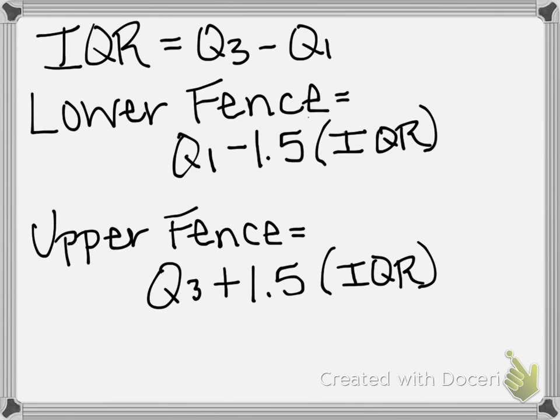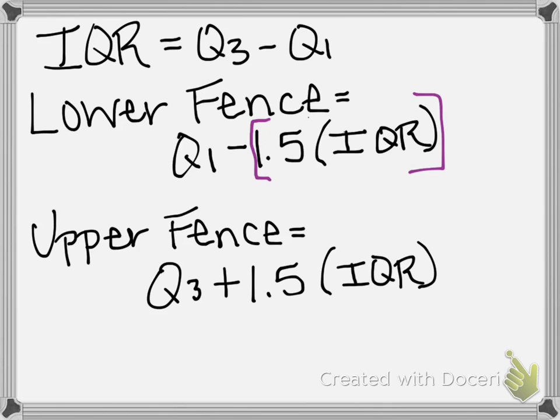Okay, and then also remember order of operations. We want to do this 1.5 times the IQR first, and then you can go ahead and do that subtraction. You don't want to do Q1 minus 1.5, find out what that is, and then multiply, because that's not right. So multiply first, then subtract.